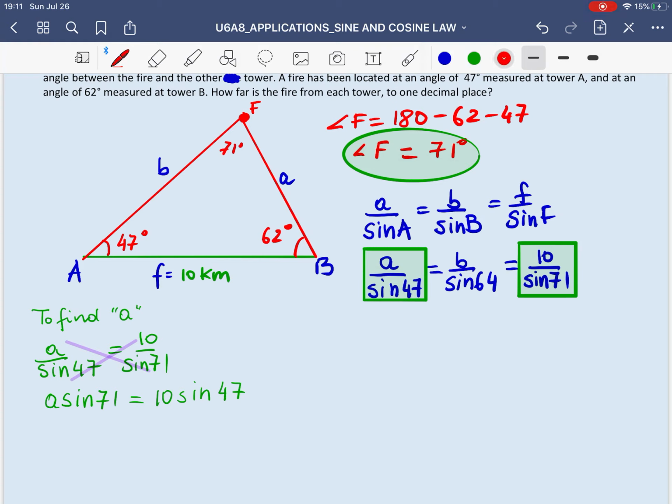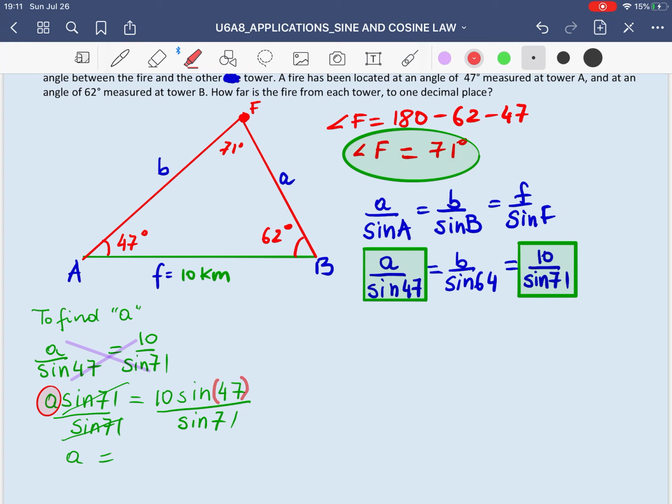Now we need to isolate A, that's our unknown, which means we need to divide both sides by sine of 71. This is quite an easy calculation to perform in your calculator in a single step. Just remember to place brackets around 47 when you calculate it.